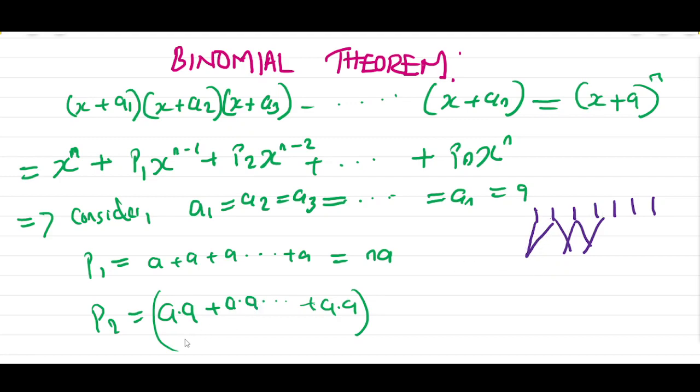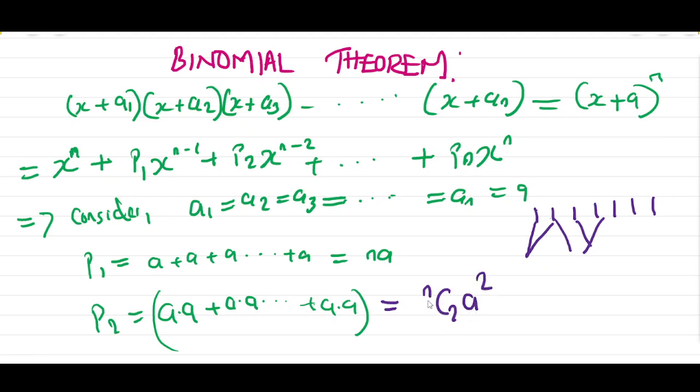That is what this product will equal. For now we don't know what it equals, so we call it n choose 2. So p2 will now be a squared multiplying n choose 2. Or if you prefer, you may write it as p2 equals n choose 2 times a squared.